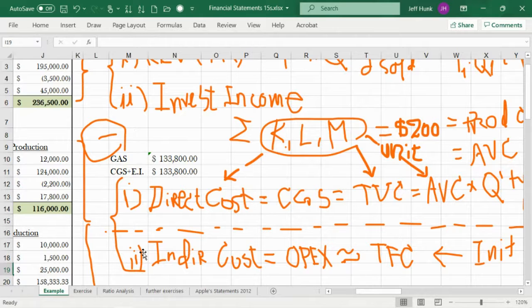If you built 1,000 units, then the total direct cost will be $200,000. It's simply per unit production cost times quantity produced. Isn't that right?